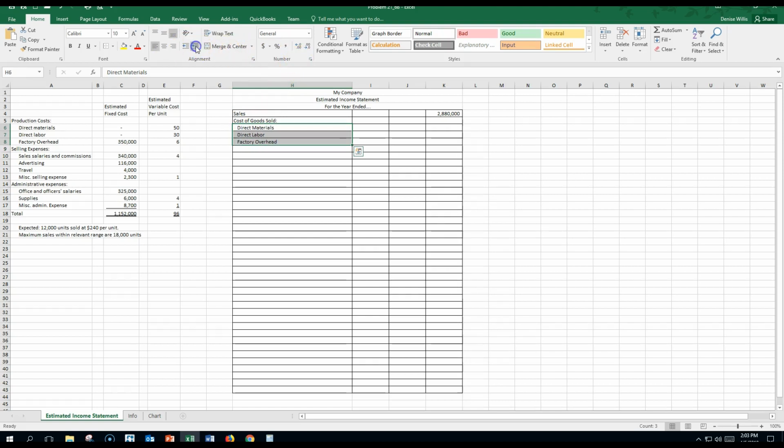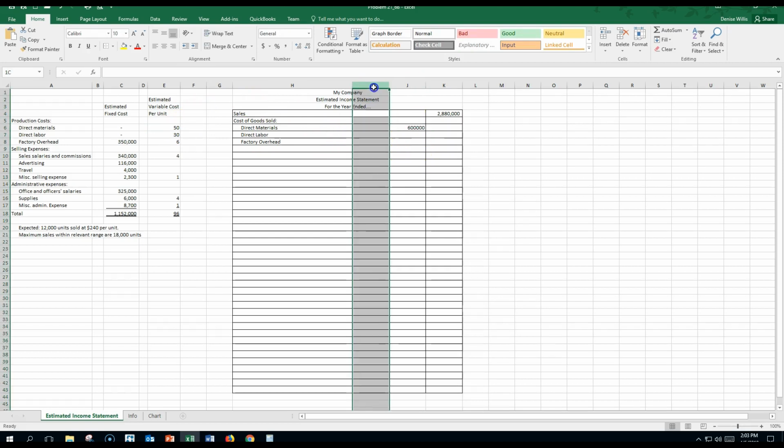Now, we're going to calculate direct materials. If this whole thing is to be done under the assumption of selling 12,000 units, just like the sales was 12,000 times the sales price, this is going to be 12,000 times the direct material cost of $50 right there. So we're going to have that amount.